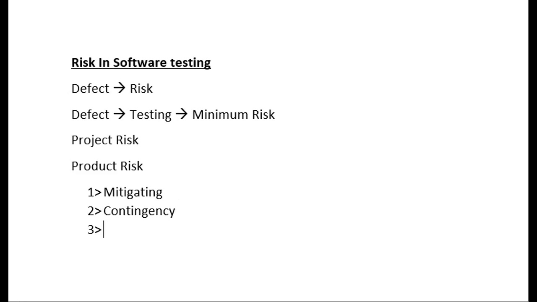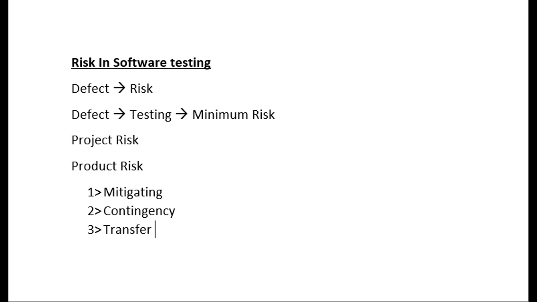The third action we can perform is transferring the risk. In transferring of risk, we are convincing the other members of the team, or project stakeholders, that they have to accept the impact of the risk while delivering the product.